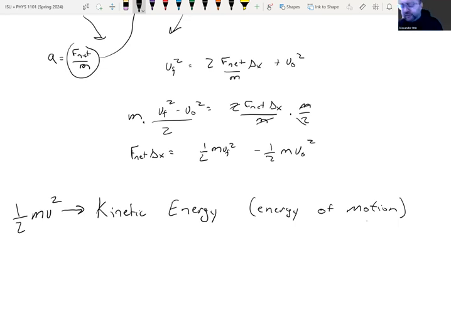But kinetic energy is the basic energy of motion for large moving objects. Some of its attributes: kinetic energy is only positive, or zero. An object could have zero kinetic energy as well.